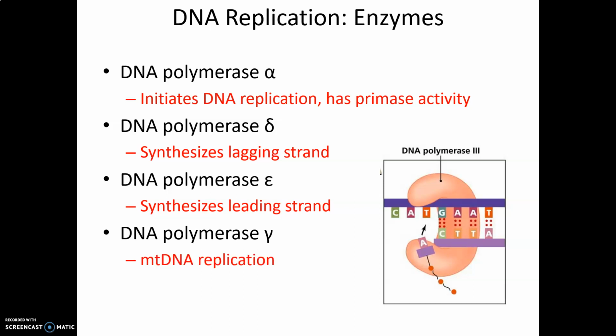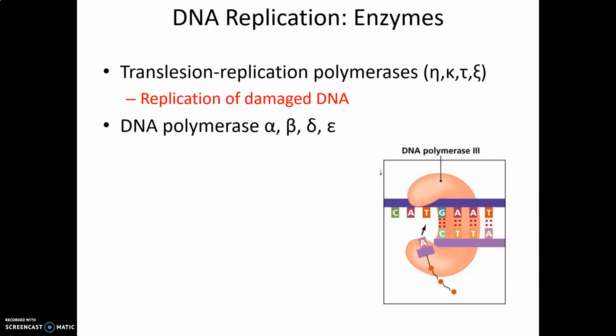DNA polymerase gamma synthesizes, or replicates, mitochondrial DNA. So if I say, where are you going to find DNA polymerase gamma, nucleus or mitochondria? Your answer should be mitochondria. Then there are some special polymerases. So translesion replication polymerases, their job is to replicate damaged DNA. We're going to talk about DNA repair and damage later on in this module.